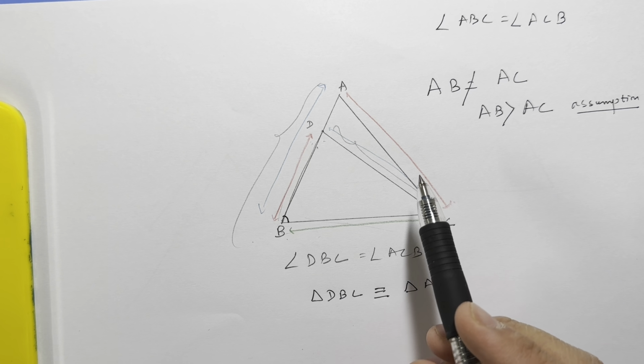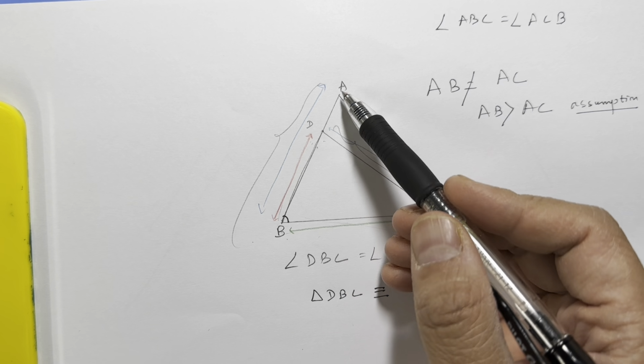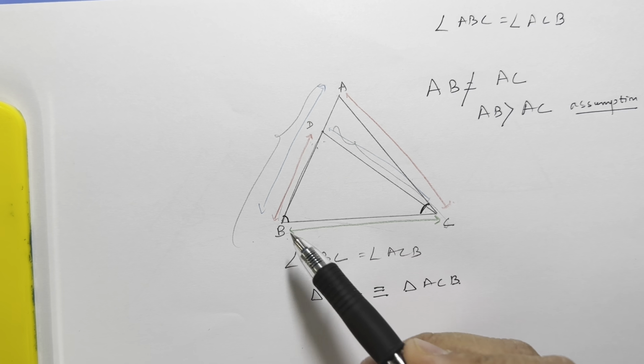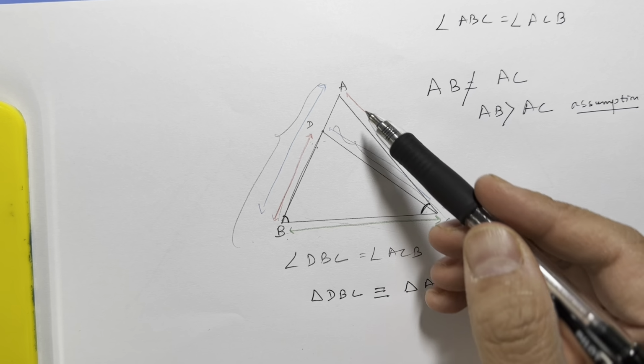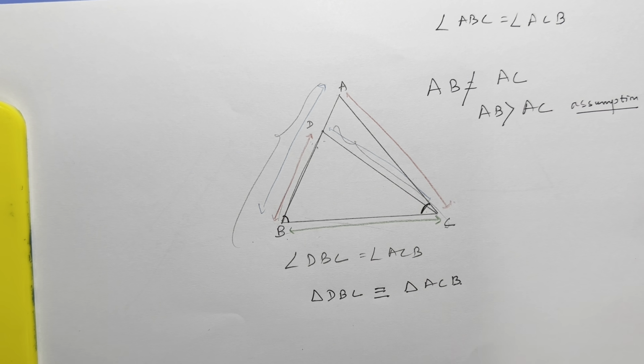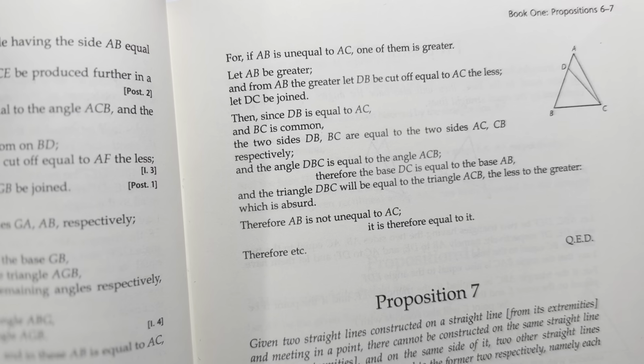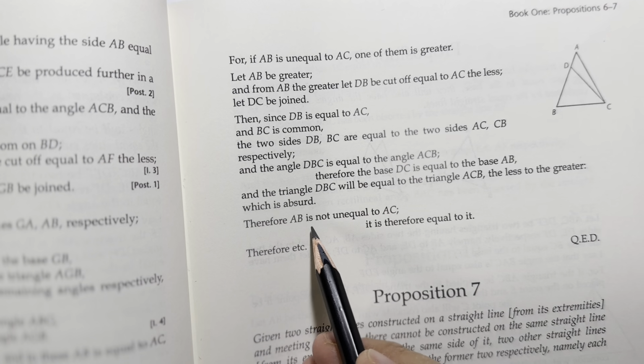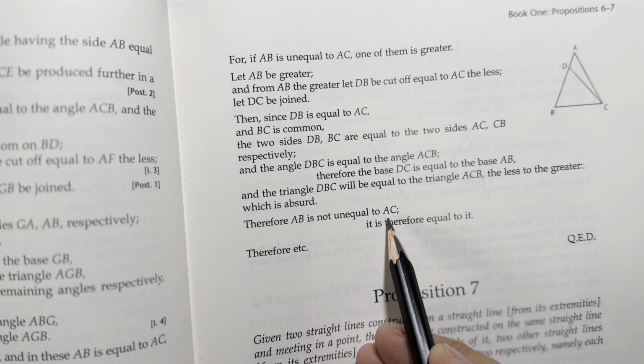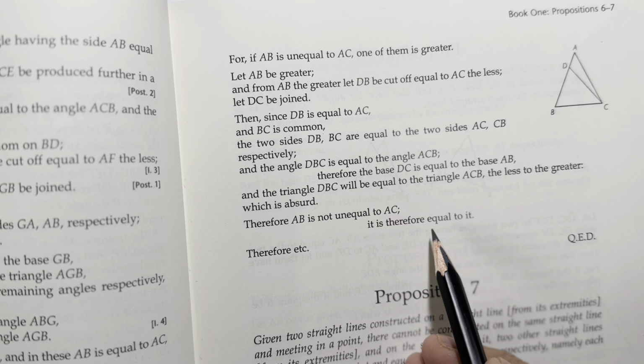So this is what he says, and therefore AB is not unequal to AC. Let's look at the language. Therefore, AB is not unequal to AC. It is therefore equal to it.